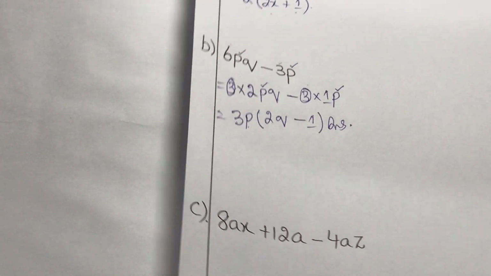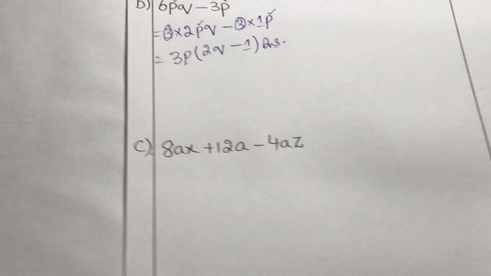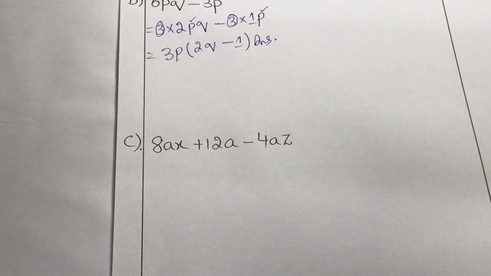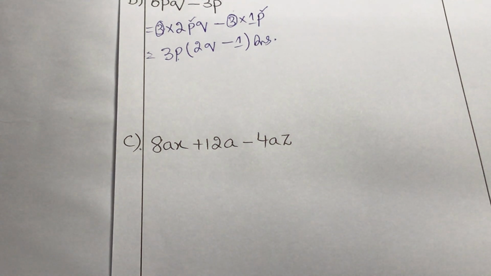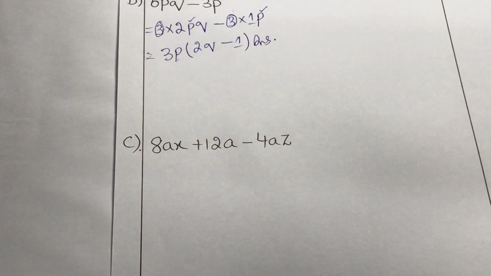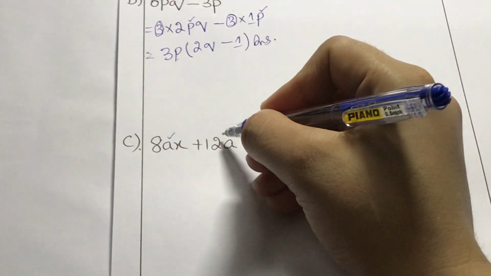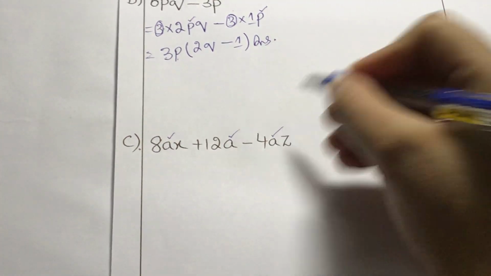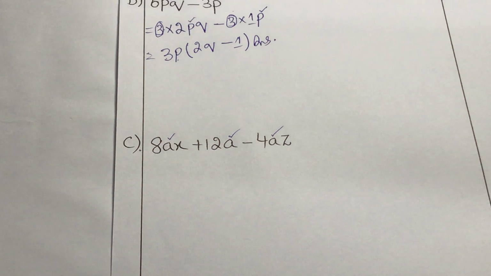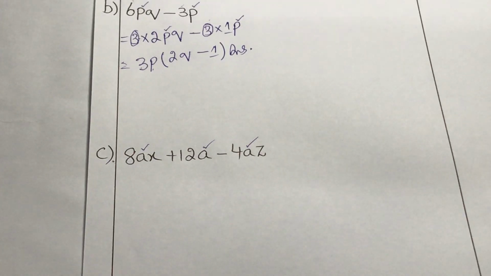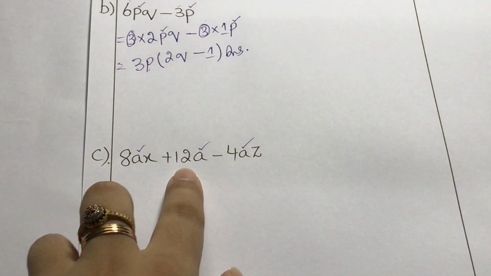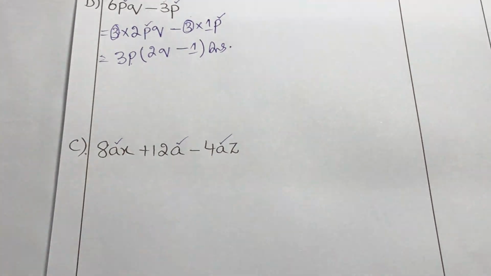Let's solve another example. That is 8ax plus 12a minus 4az. Quickly we can judge. We have common variable a, right? Now our coefficients are 8, 12 and 4, right?